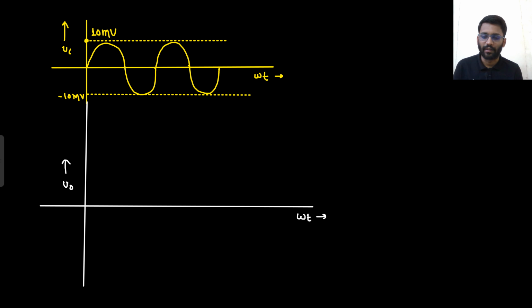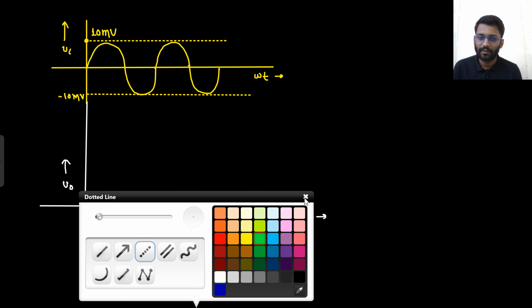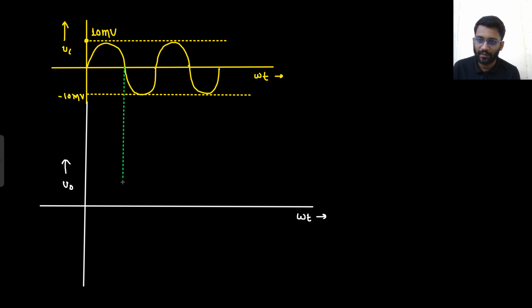Well and good. No doubt about that. So how will the characteristics look like? Oh, here it is. Till this point, Vin is greater than 0, right?